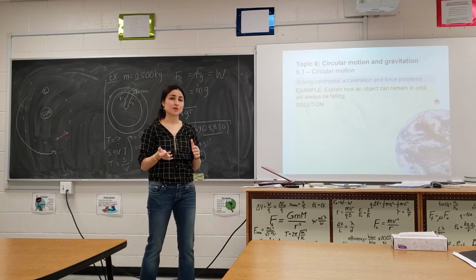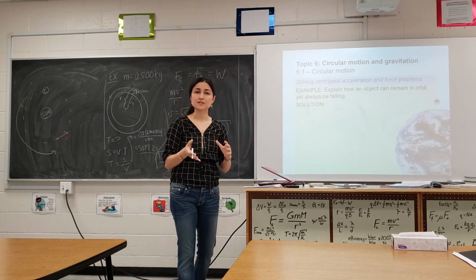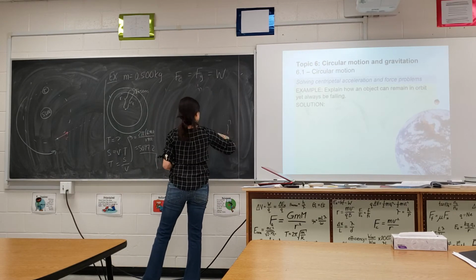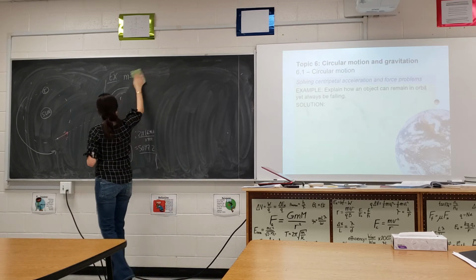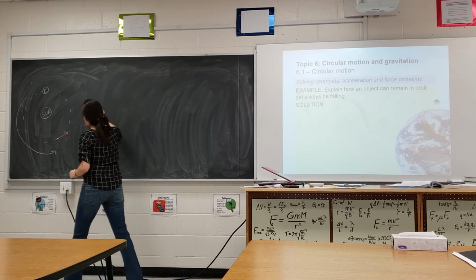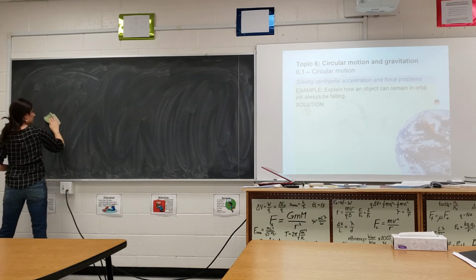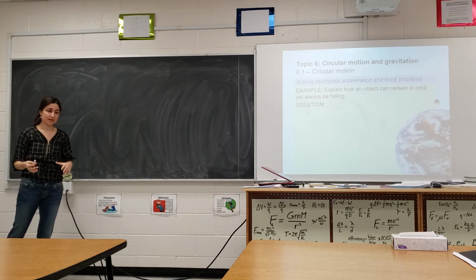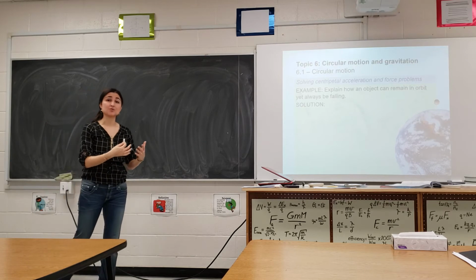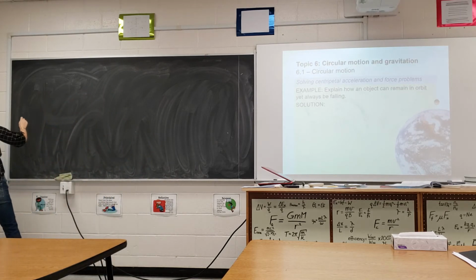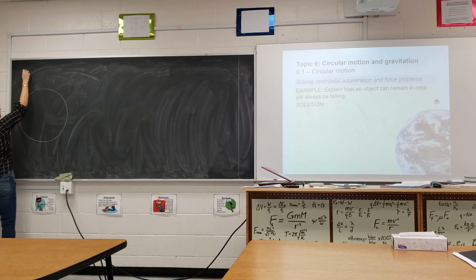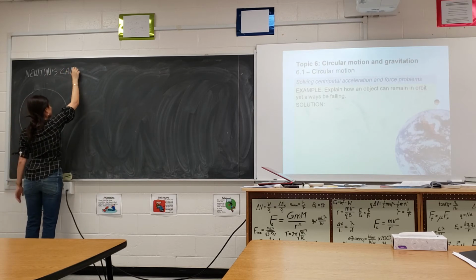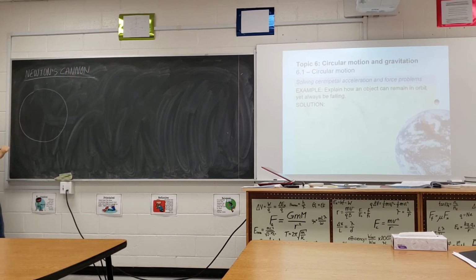So to understand this, we have to understand something called Newton's cannon. Newton's cannon is a hypothetical experiment, also known as a thought experiment, where we analyze what's happening with an object due to the laws of physics that we know. So again, this is called Newton's cannon.